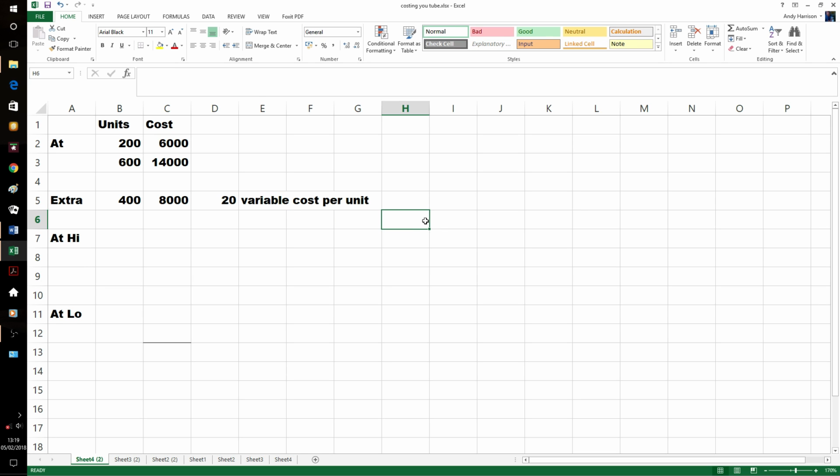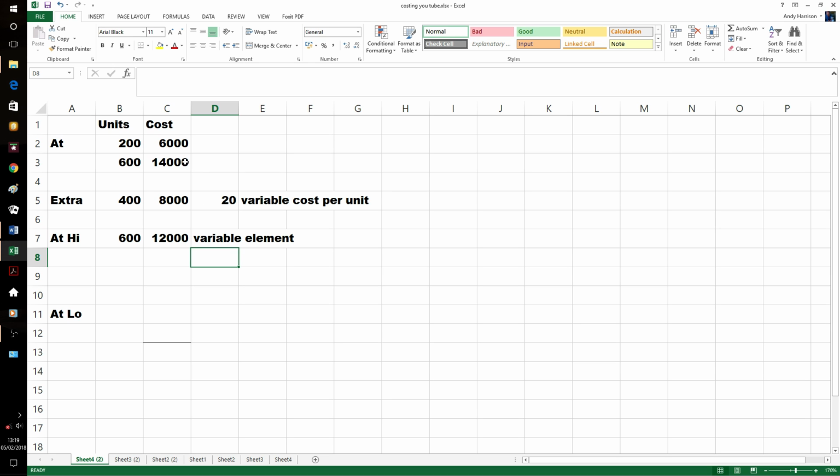So that's half the battle done. We've worked out our variable element. So now we go to our high value. We use the 600, and if we take our cost per unit times the number of units, that will be the total of the variable element.